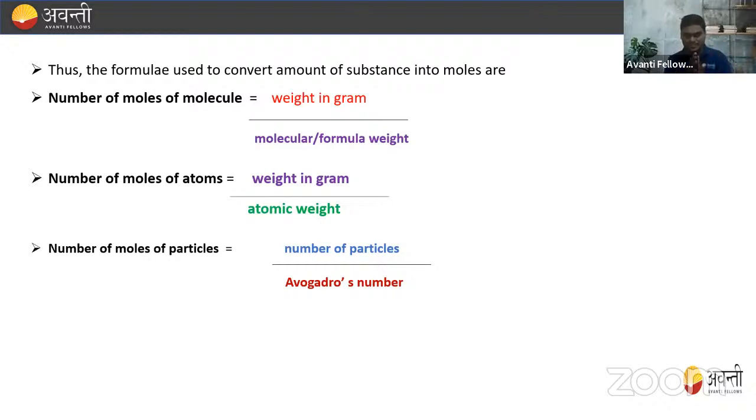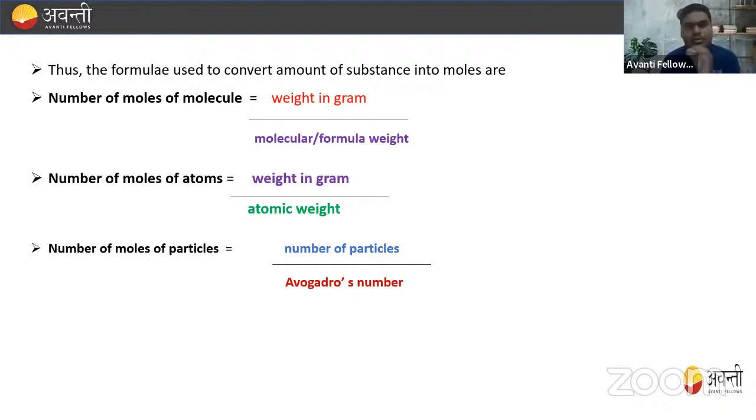It means moles are converted into gram as well as moles are converted into liter. Similarly, we can interconvert this as well, right? So thus the formulas used to convert amount of substance into moles are the following three formulas, right? The first one is number of moles of the molecule, जो तुम लोग 9th class से पढ़ते आ रहे हो. This is very simple, right?